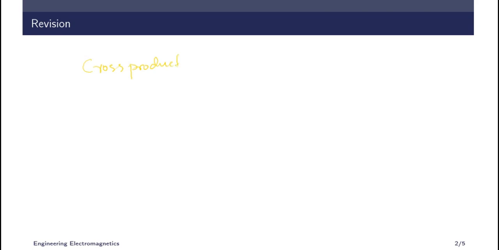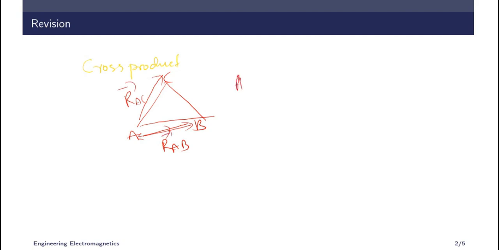Cross product for a triangle: if A, B, C are the vertices, then AB is the vector RAB and AC is the vector RAC. Then the area vector S is given by half into RAB cross RAC. So this we have learned.